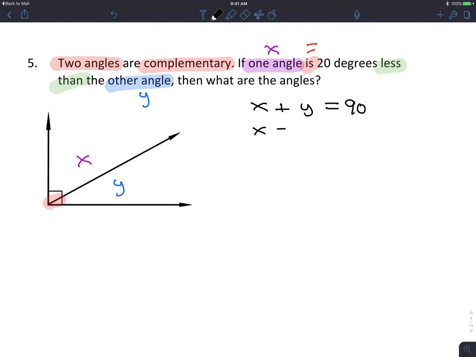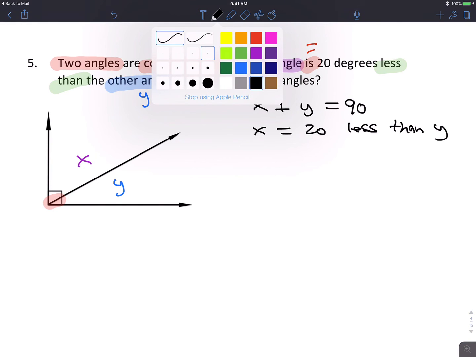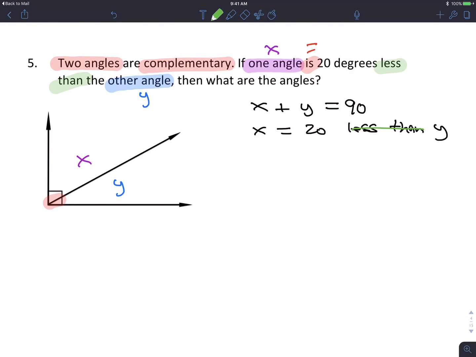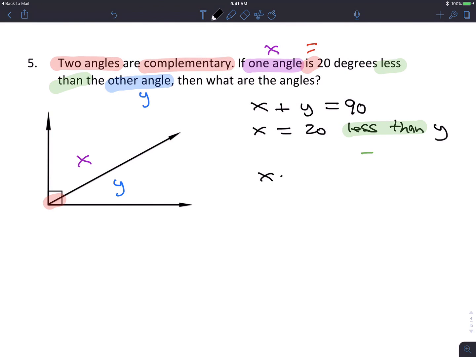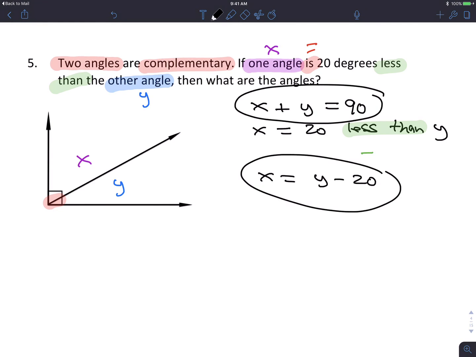Okay, x is 20 degrees less than y. Let's remember what the phrase less than means. Less than is subtraction. We talked about this in class, and not only is it subtraction, the 20 and the y switch places. So I have two equations here and two unknowns.